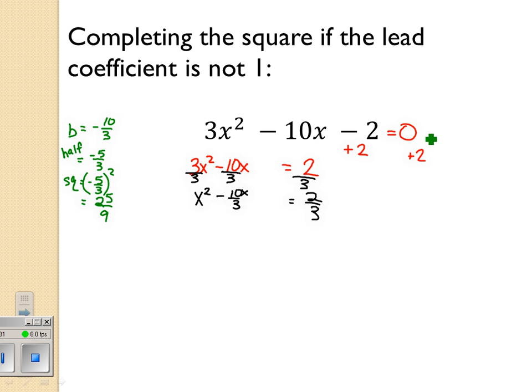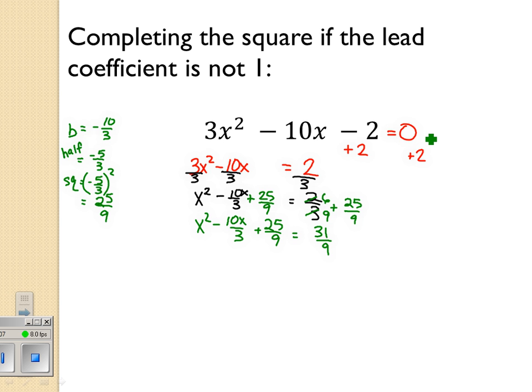That's what we are going to have to add to both sides. Now remember, to add fractions together, you need a common denominator. So 2 thirds would actually need to be considered as 6 over 9. So we're going to get 31 ninths on the right-hand side.